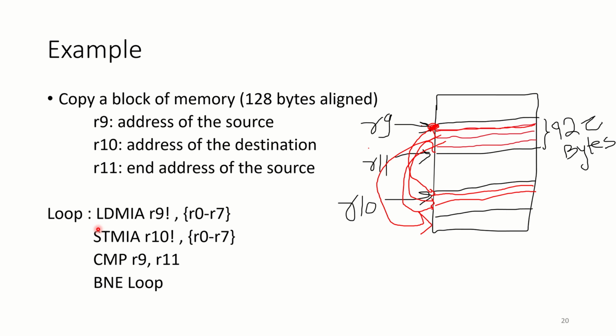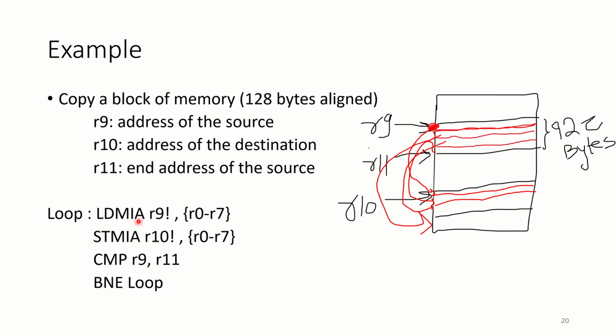You will get 16. So from 128 you get 16 iterations, meaning after 16 iterations the copy will be done. That's the use of multiple register load and store. From 128 we are bringing the number of iterations down to 16.